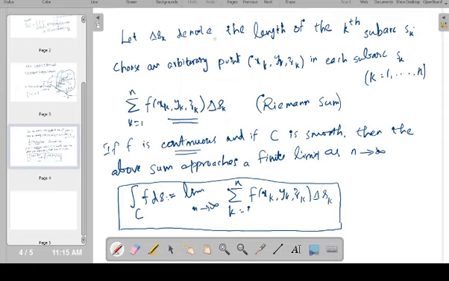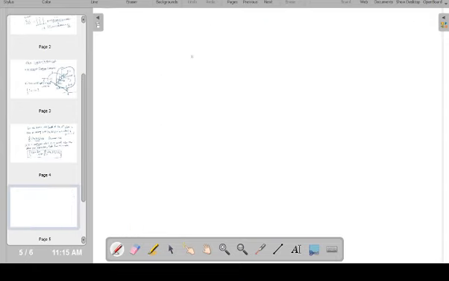So what we do is, it's a result from advanced calculus. We have to accept that result. So integral over C f ds is equal to, theorem, this is for the evaluation of line integrals.